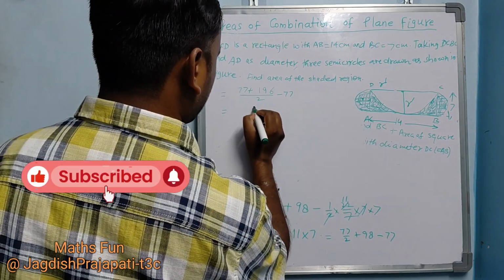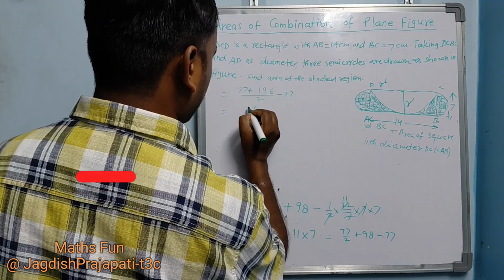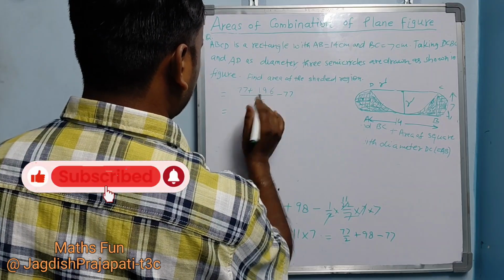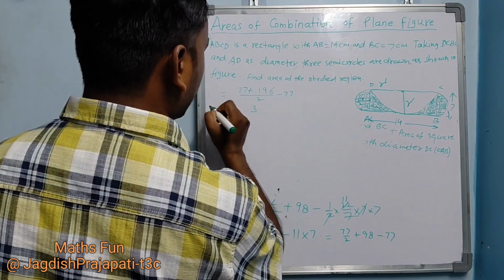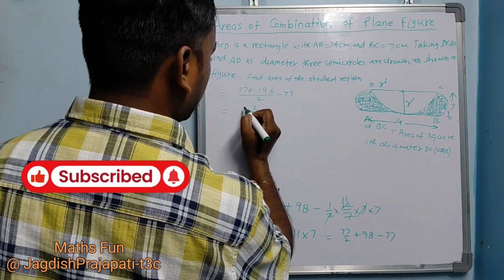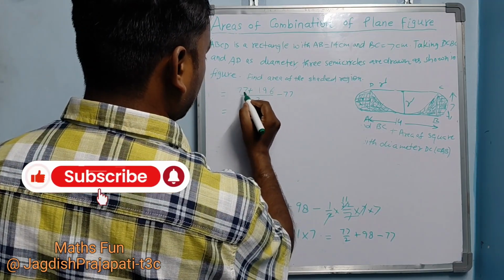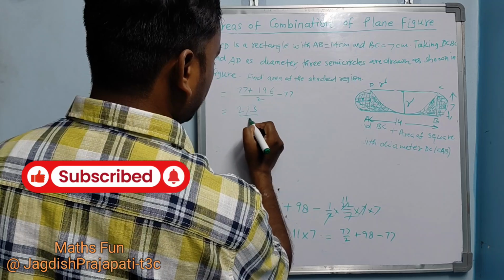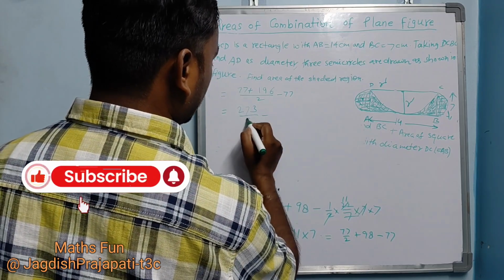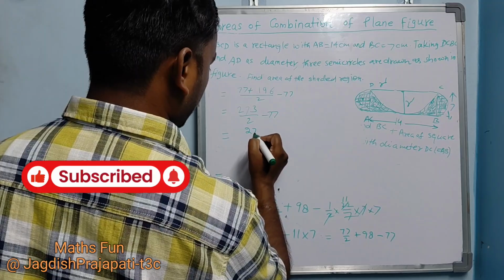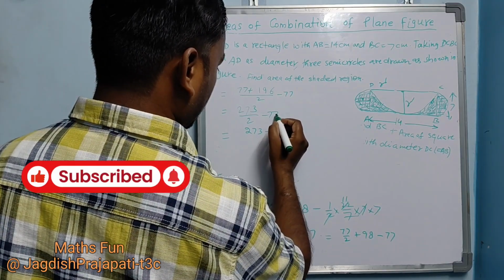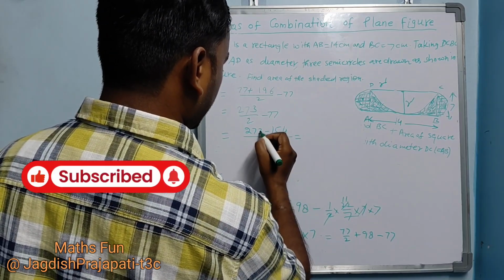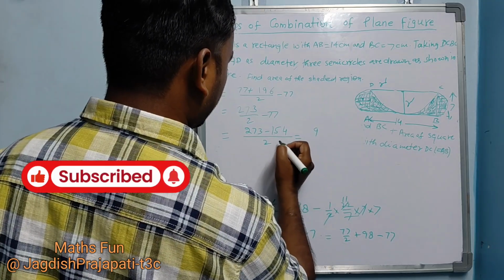So 7 and 6, 13, 1 carry, 9 and 7, 16, 17, and 1 and 1, 2, so 273 by 2 minus 77, and 273 minus 2 7s are 14 and 1, 15. So this will be 3, 9.